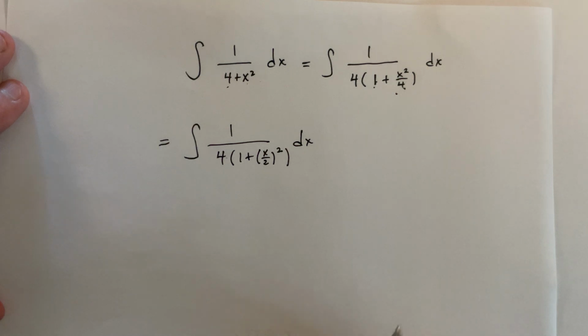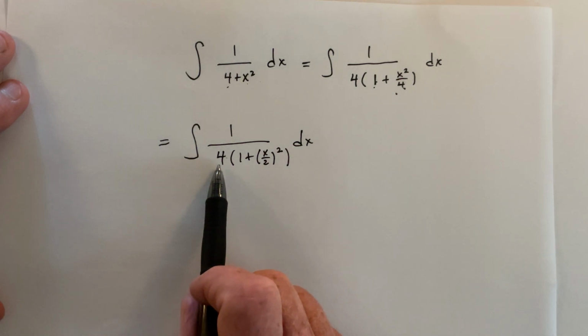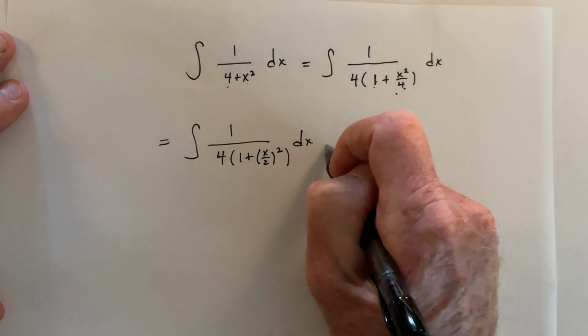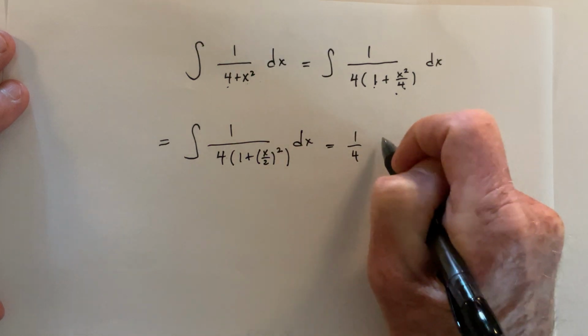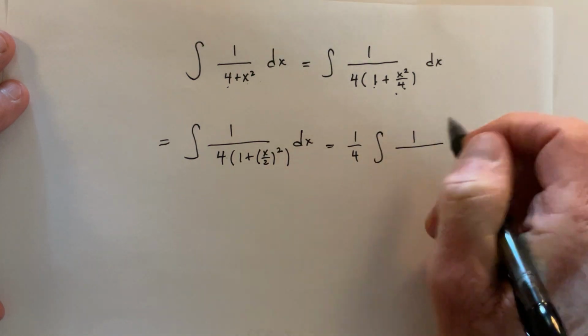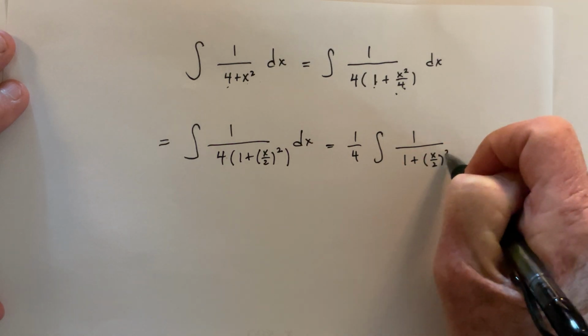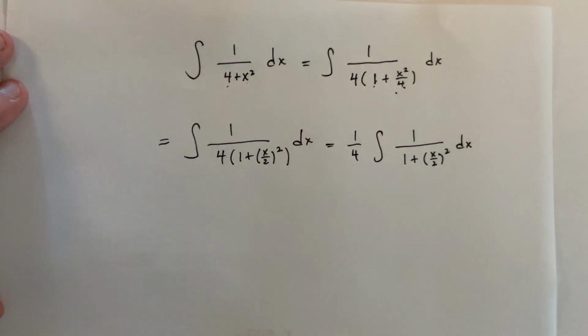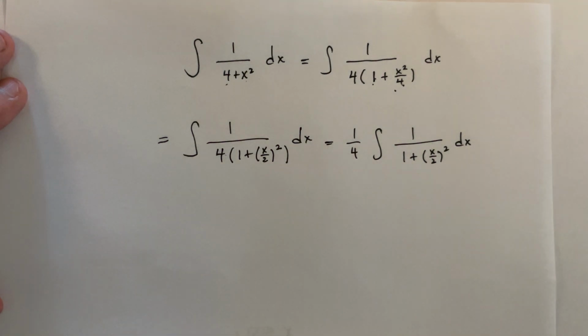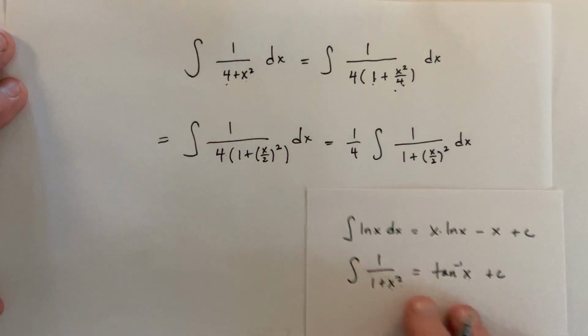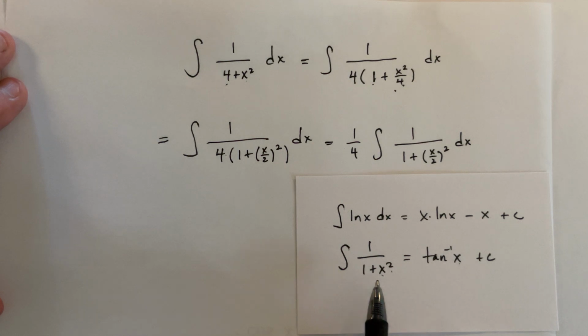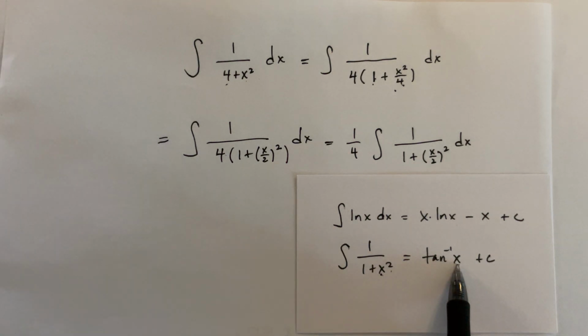All right, then I could factor out this 1/4. And we're almost there. So if you compare what I have to this, it's very similar, except instead of an x right here, I've got x over 2. So I would have x over 2 right here.